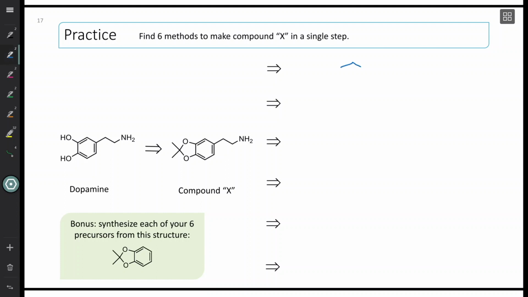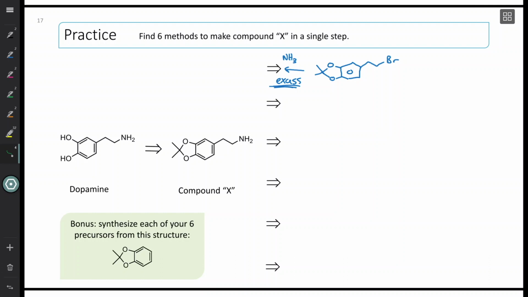If I take an alkyl halide, then I can do this with NH3 in excess. Definitely lots of excess, right? If I have NH3 in excess, then I can turn this into this amine.